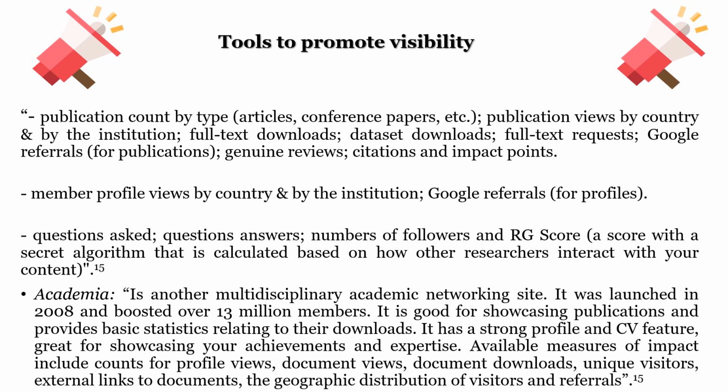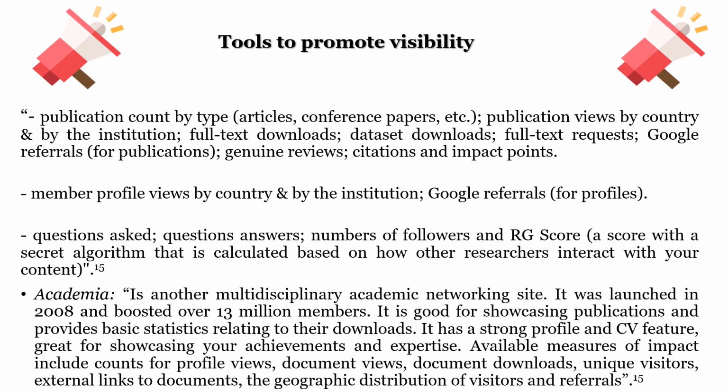Metrics available on ResearchGate are publications count by type, which includes articles, conference papers, etc. Publication views by country and by institutions. Full text downloads, dataset downloads, full text requests, Google referrals, that is for publications, genuine reviews, citations, and impact points.